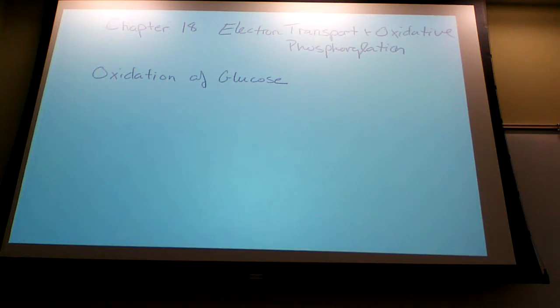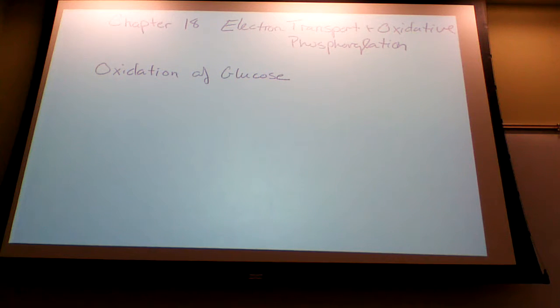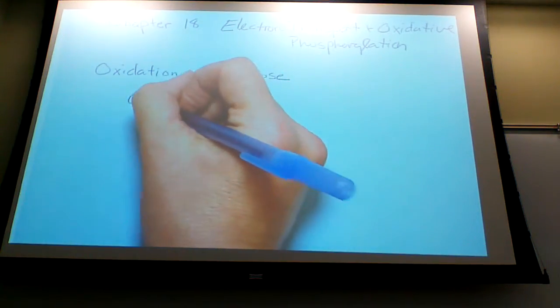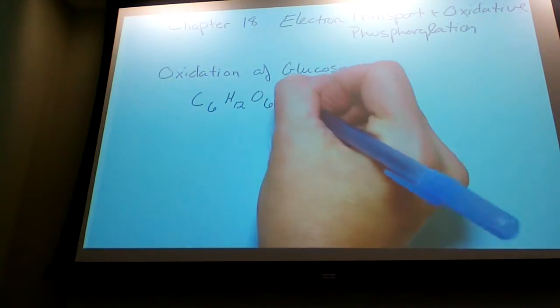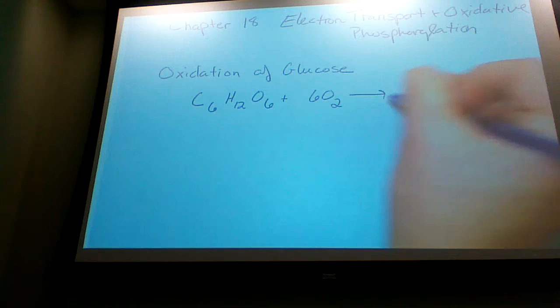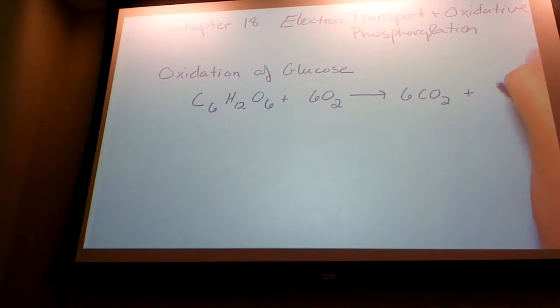Everything that we've done, starting with glycolysis, has been to oxidize glucose in order to make ATP. So if we go back, again, our overall reaction is our glucose, and then we have our oxygen, and we're going to make carbon dioxide, and we're going to make water.